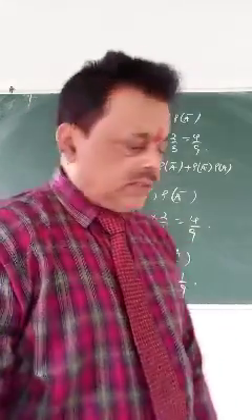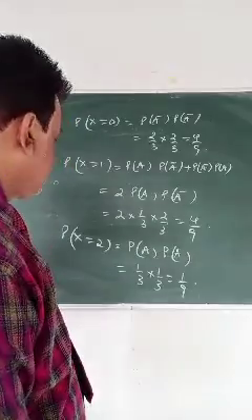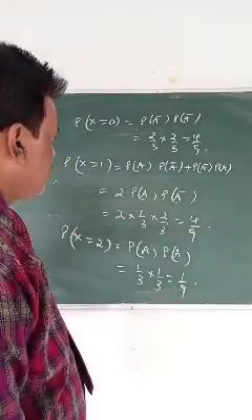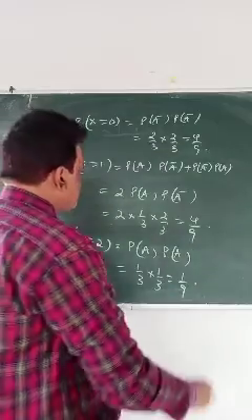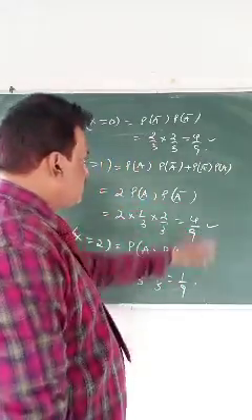Okay, then what is most likely? First you try to see which one is most likely. Most likely, both are the same, 0 times and 1 time, because these are the maximum value.